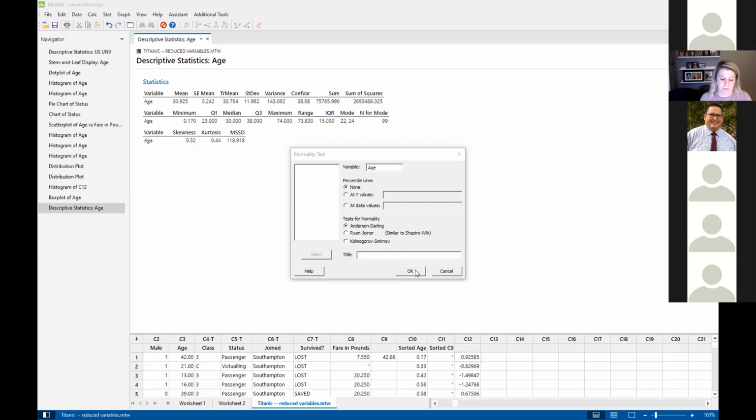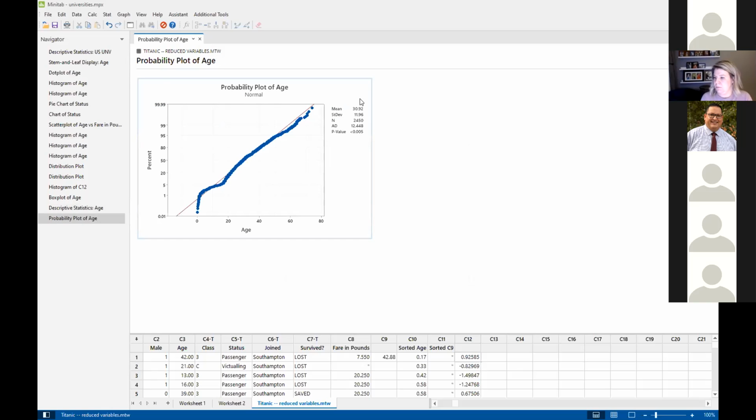So here you can see the p-value right here. This is the p-value for the entire age data. I will explain more about this normality, because this comes under the normal distribution, the standard normal distribution.